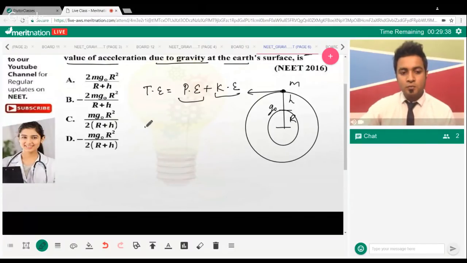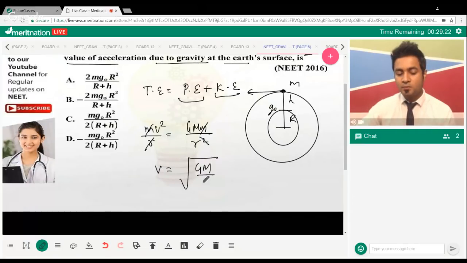So I can put it here, mv square upon r equals GMm upon r square. So here r will get cancelled out and m will get cancelled out, and the orbital velocity will come out as under root GM upon r, right?